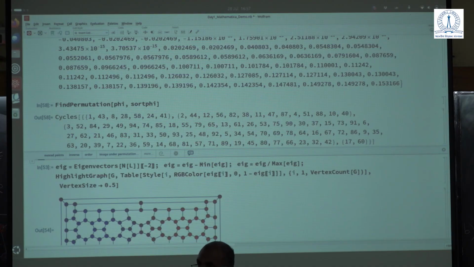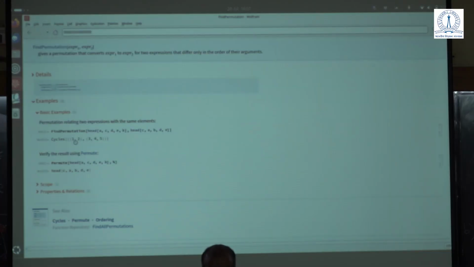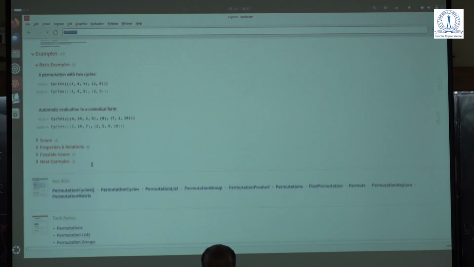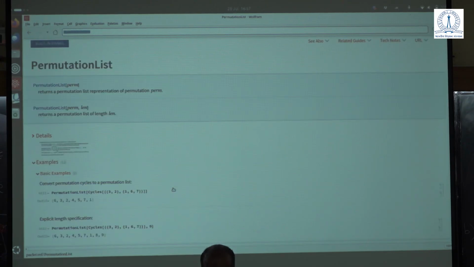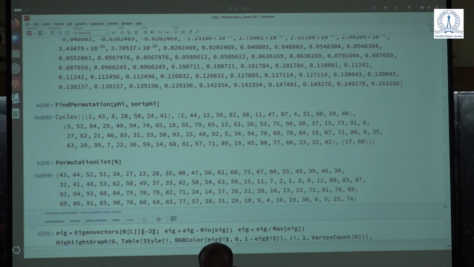Okay, so it's giving it in cycle notation, but I can use permutation list, I think. If I do permutation list of this, it gives me this.